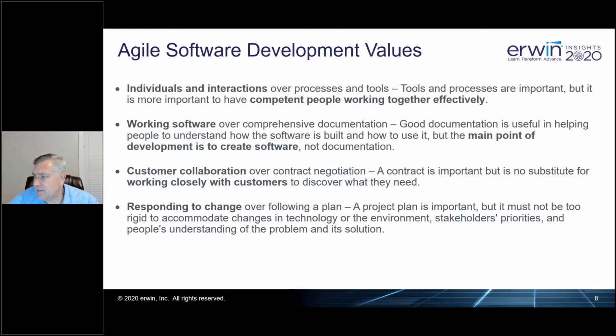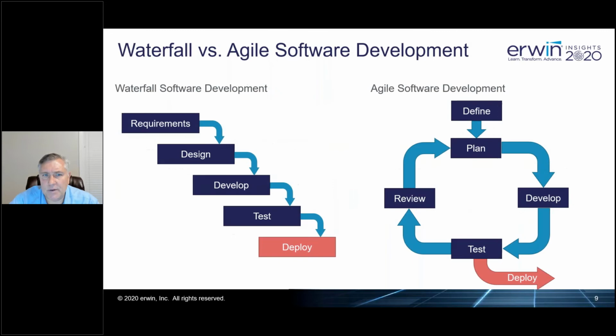So through that, I'm going to go through a quick comparison between the two processes, how a waterfall process versus an agile process works. Traditionally, in a waterfall process, we gather our requirements. That feeds into the design phase.